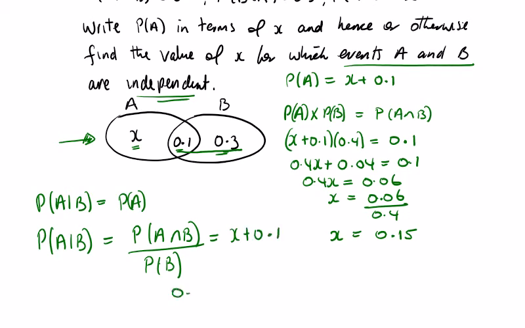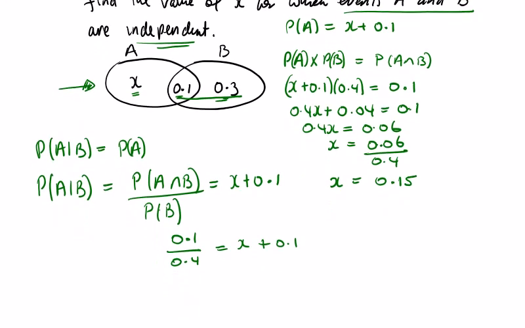So that would be 0.1 over, that's the intersection, over B, 0.4 would have to be equal to x plus 0.1. Well, this is 1 over 4, so 0.25 would be equal to x plus 0.1, and again x would have to be equal to 0.25 minus 0.1, which is 0.15.